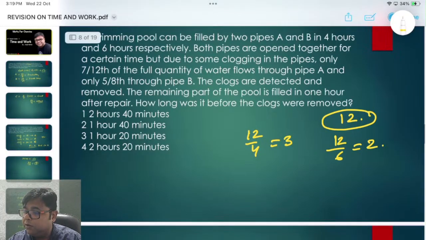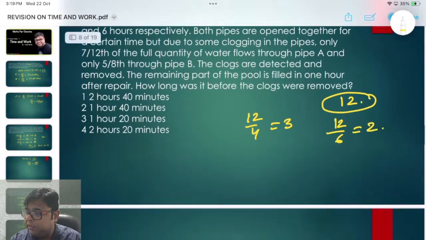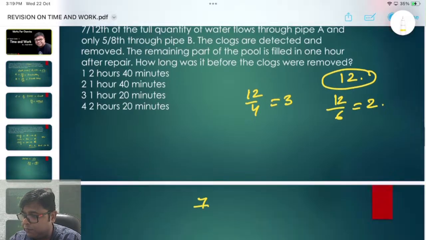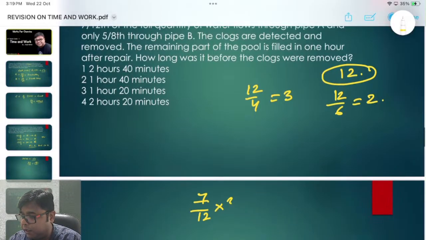Now, both pipes are open together, but due to clogging, the efficiency becomes 7/12 of 3 for A, and for B, the efficiency becomes 5/8 of 2.